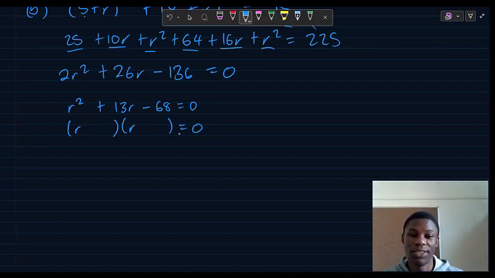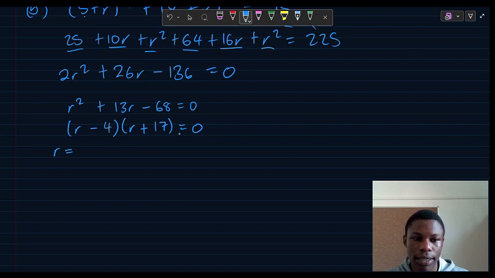Alternatively, you can just use the quadratic formula, but I hate using the quadratic formula, so I'll almost always try to factorize. If you divide 68 by 4, you get 17. So I know I should have 4 and 17. Those are factors of 68, right? We want this to add up to 13. So I have to do plus 17 minus 4, which gives me 13.